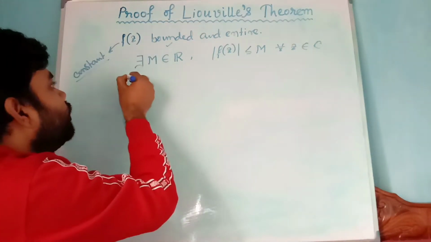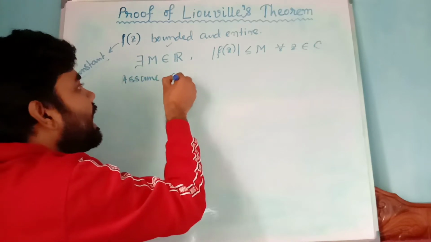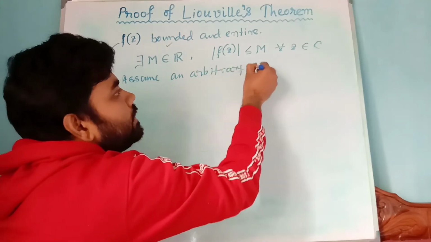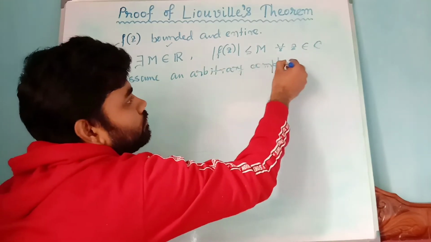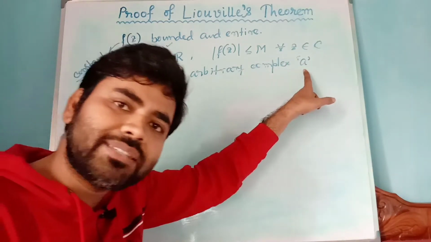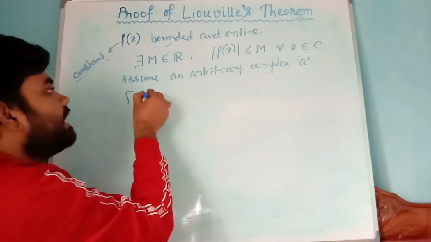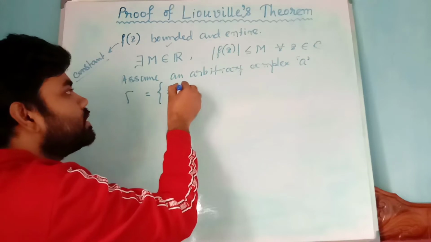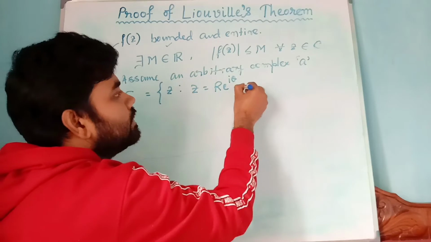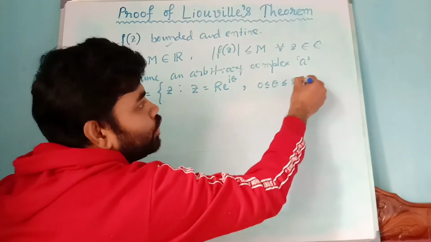Then we assume an arbitrary complex number, suppose A. This is a very arbitrary complex number A, and we also assume a curve gamma such that gamma is z, where z equals r e to the power i theta, where theta starts from 0 and ends at 2 pi.